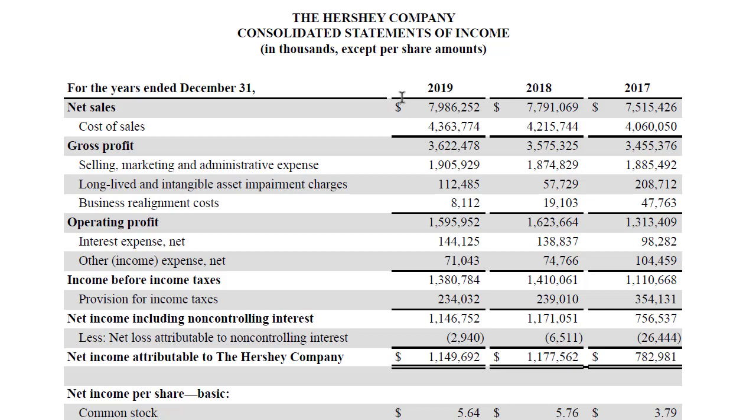But generally speaking, for the Hershey company, that might be the inventories that are on the balance sheet, what it said it cost. And then when it sells those products, it says, okay, it cost us $4.4 billion, takes it out of inventory, sells it for 8, and then what you have left over in this case is the 3.6.